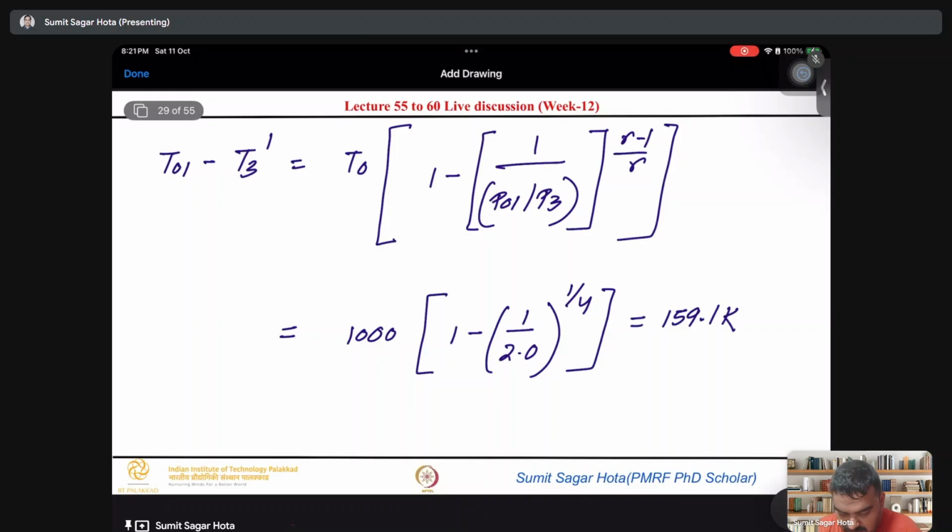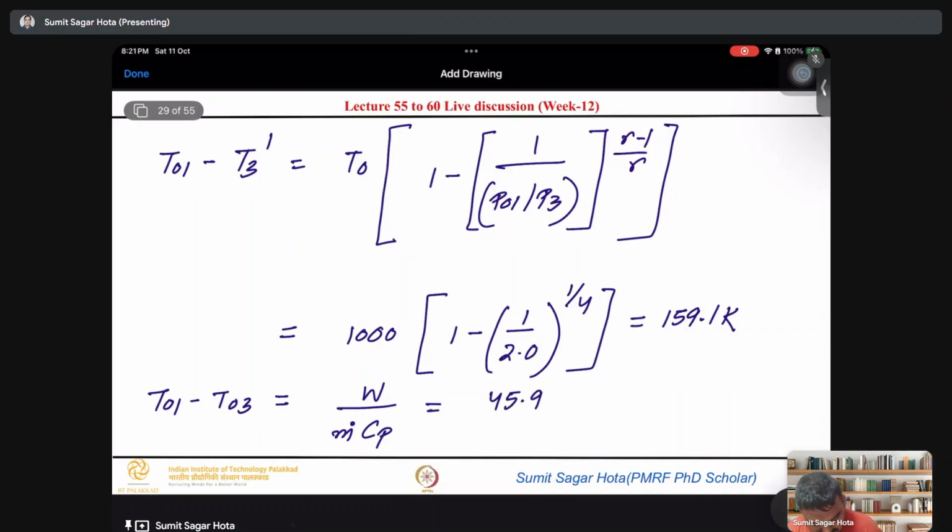Okay. So let's find out the work done W. So T naught 1 minus T naught 3 is equal to W by m dot into Cp, which is 45.9 divided by 0.322 into Cp is 1.148.